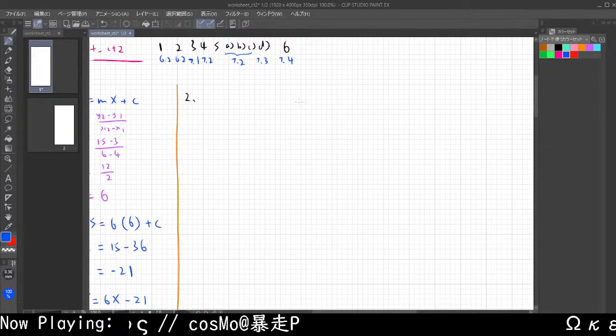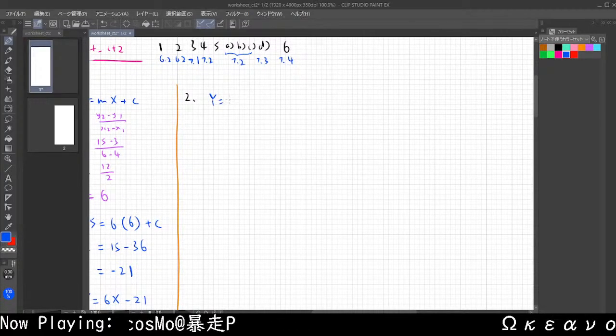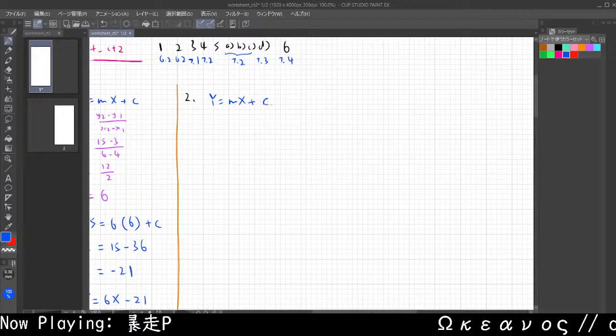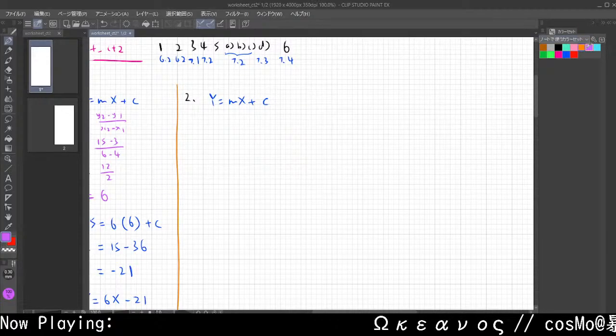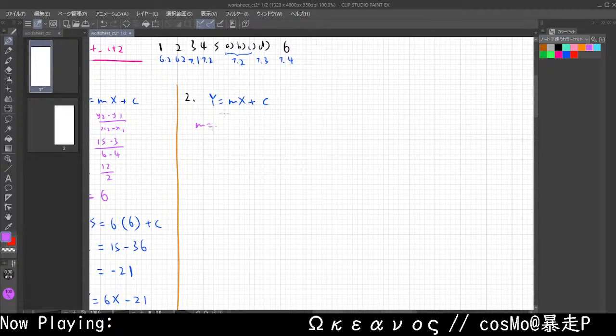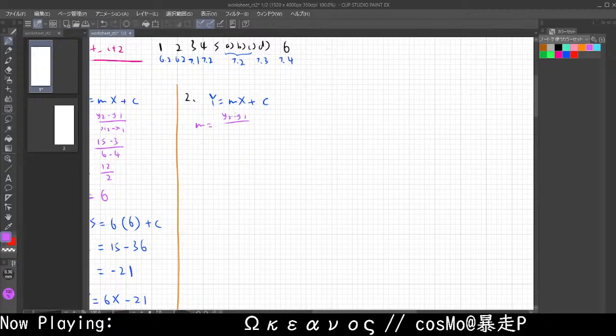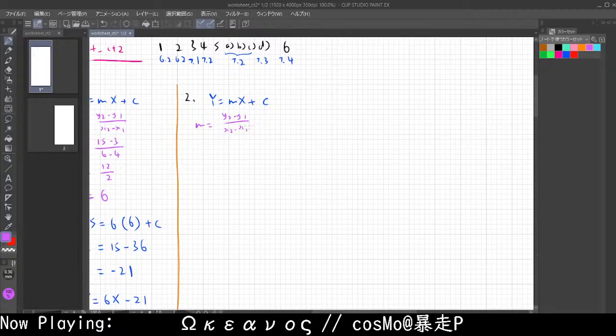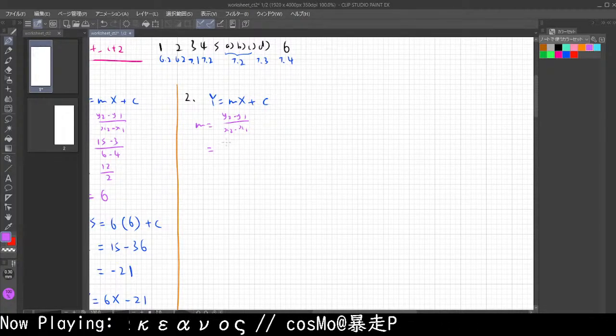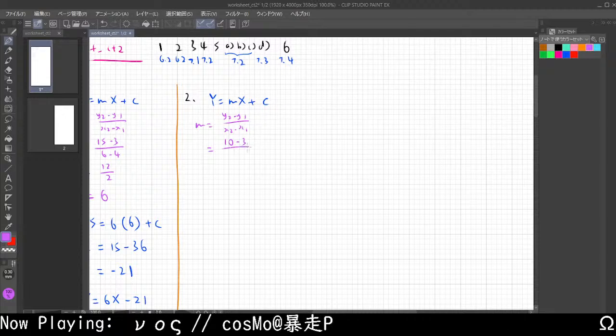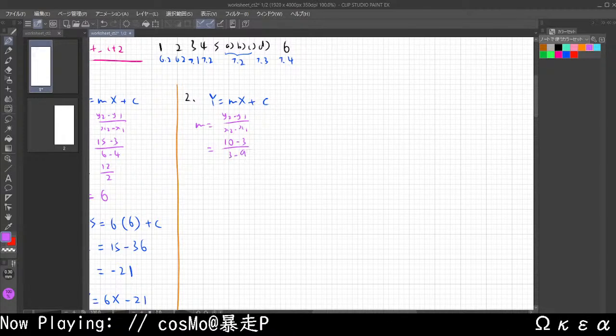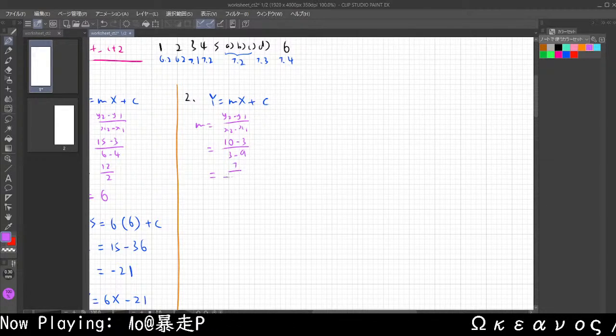So you again start with capital Y equals m capital X plus c. Then you want to find your m and your c. So m equals y2 minus y1 over x2 minus x1 as per usual. Then in this case, 10 minus 3 over 3 minus 9, you get 7 over negative 6.